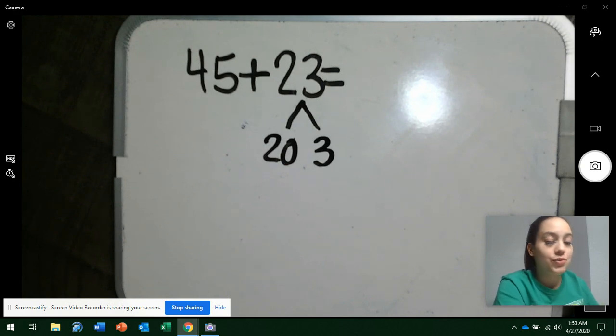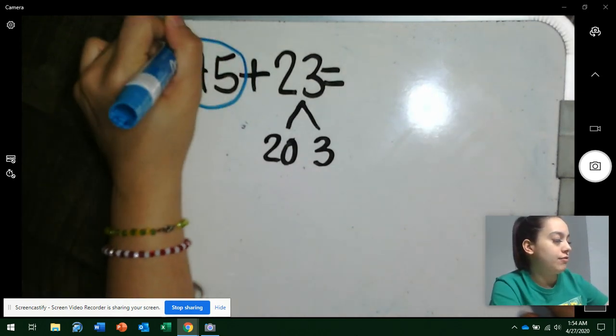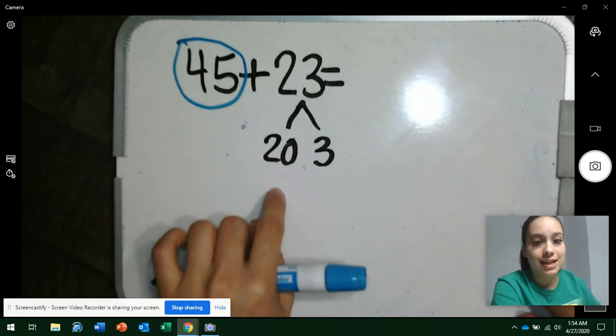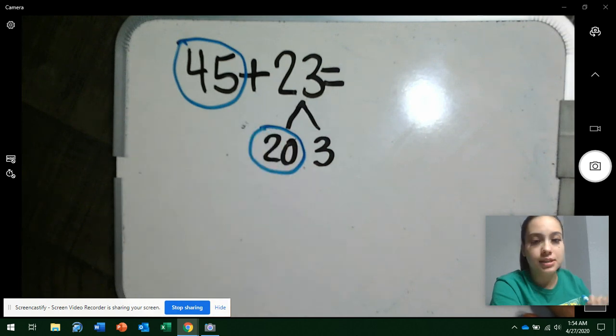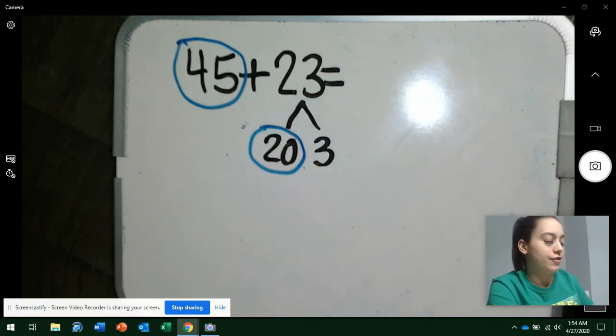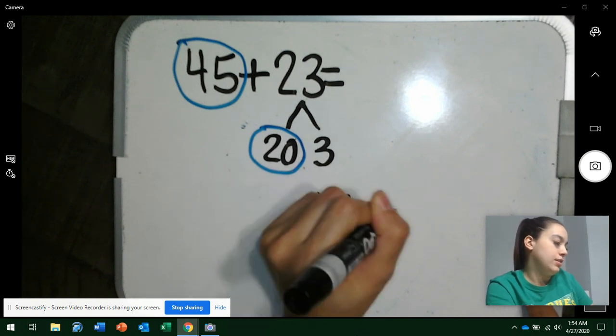And now we have to add to make our first number sentence so that we can show our work. So we're going to add 45 to the tens in 23, which is 20. So circle these two numbers and write your first number sentence. 45 plus 20.